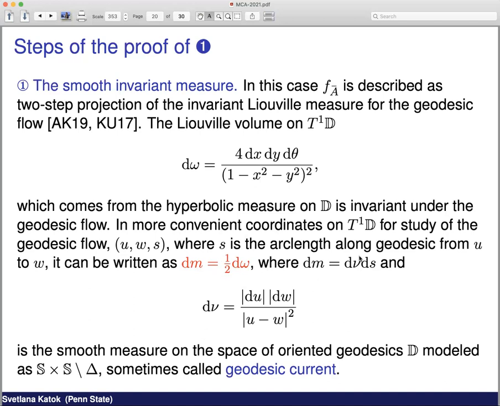So dm is d nu ds, and d nu is given by this formula. If we define it like this, then dm is 1/2 of the Liouville measure given by this formula. So this is a smooth measure on the space of oriented geodesics, modeled as S cross S minus diagonal. This measure is sometimes called a geometric current.